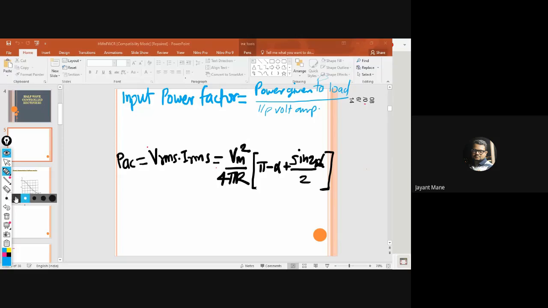Power delivered to load, that is nothing but the PAC.